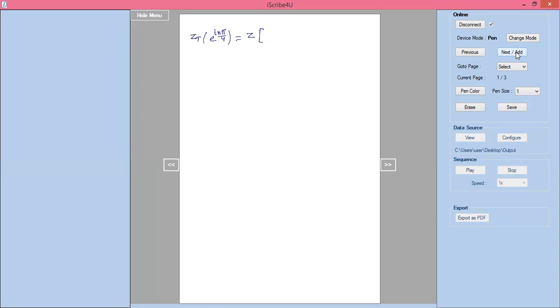So you will write z into z minus 1 by root 2 plus i into 1 by root 2, divided by z minus 1 by root 2 minus i into 1 by root 2, into z minus 1 by root 2 plus i into 1 by root 2. So I just rationalize this.